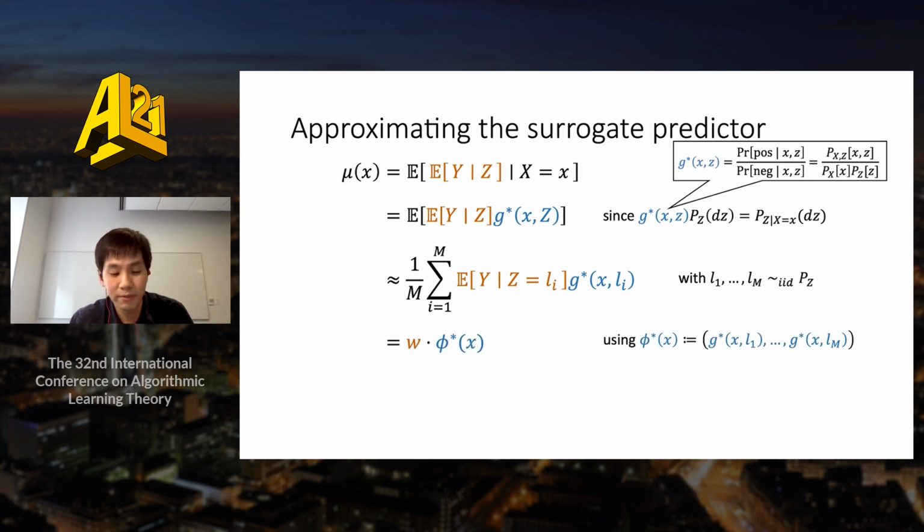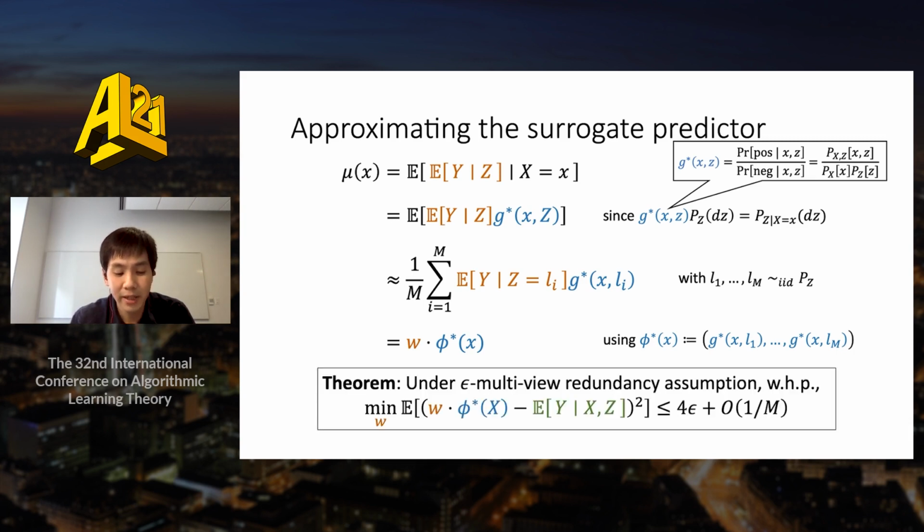Finally, by defining the feature map phi star accordingly, we see that this sample average is a linear function of the feature vector phi star of x. After taking into account the Monte Carlo error, we conclude that with high probability, the surrogate predictor is well approximated by some linear function of phi star of x, and thus this linear function, in turn, has near optimal MSE, with only order 1 over m additional error.